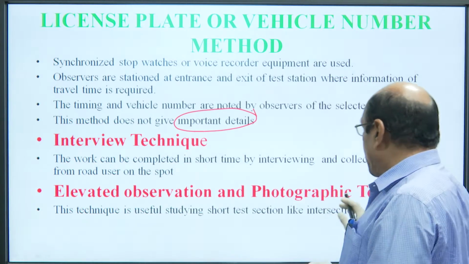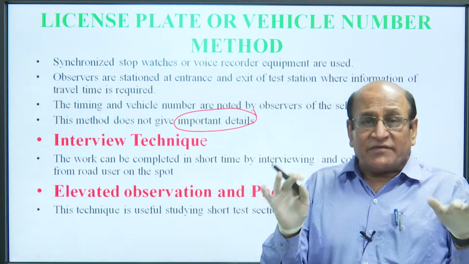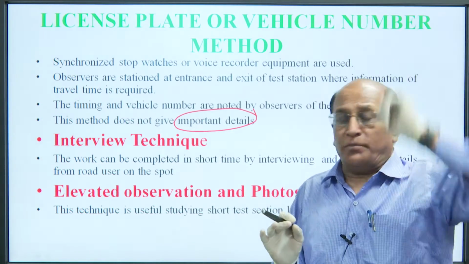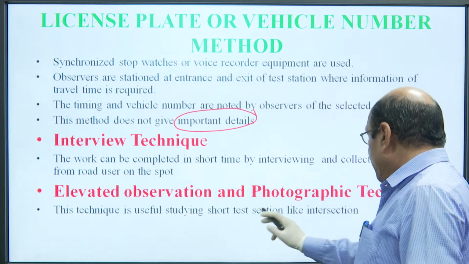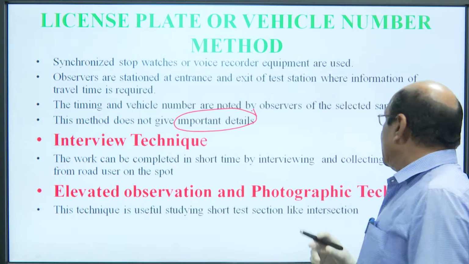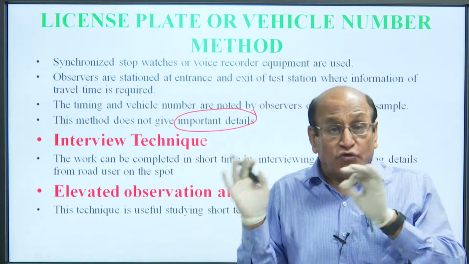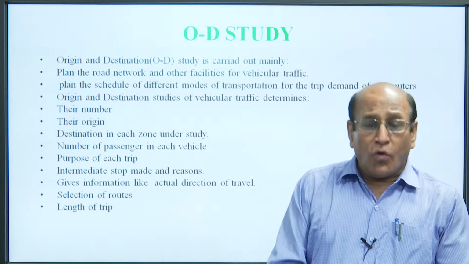Then the elevated observation and photographic technique, which means observation is collected from the top. This technique is useful for studying short test sections like an intersection. For an intersection, we can use this technique.